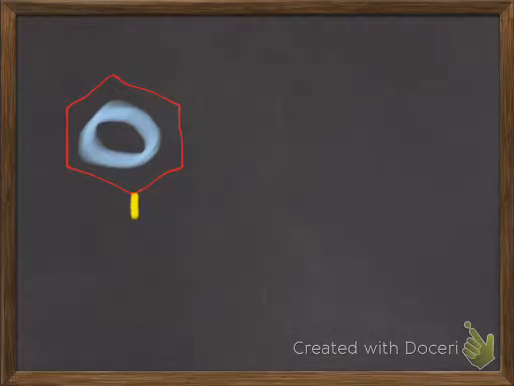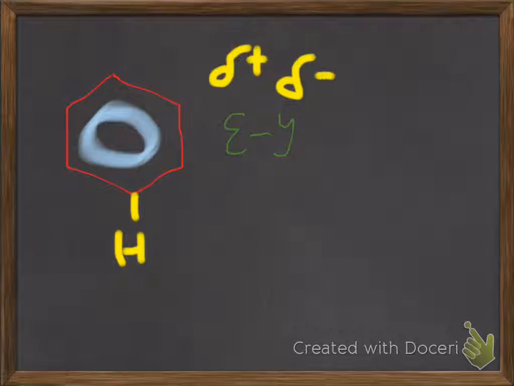And what we have is a hydrogen. We have our EY group, which once again, the E is delta positive, the Y is delta minus.